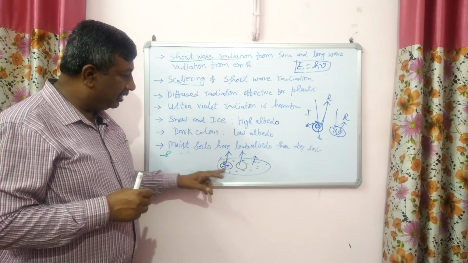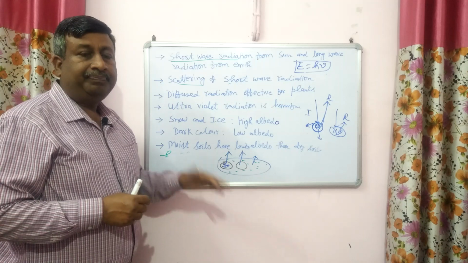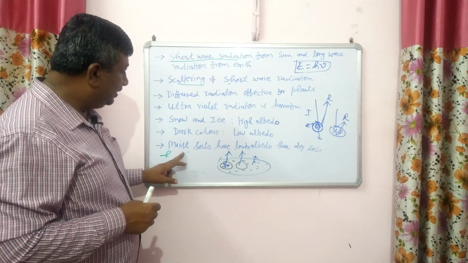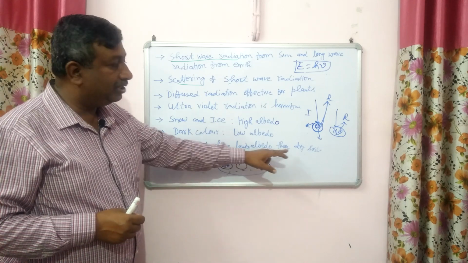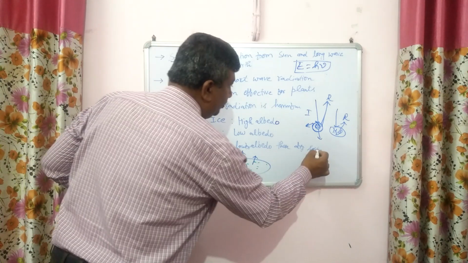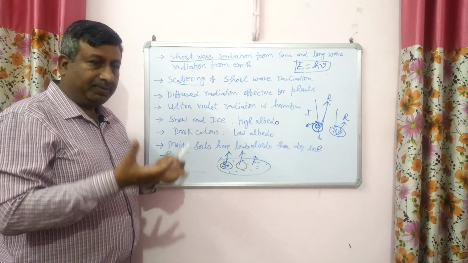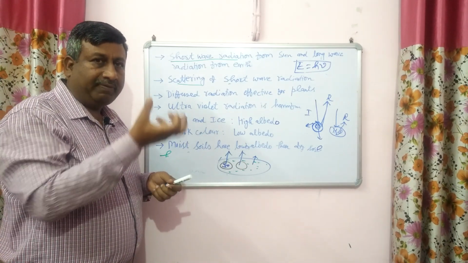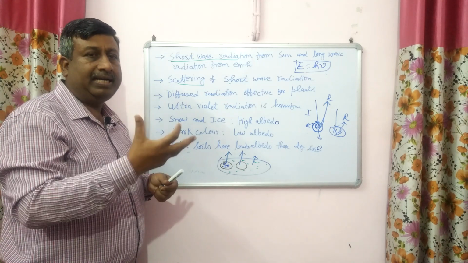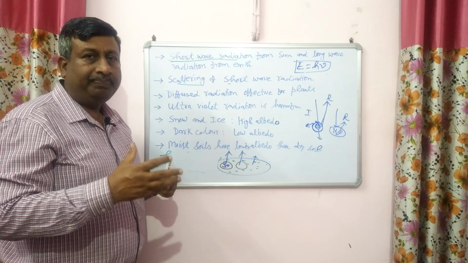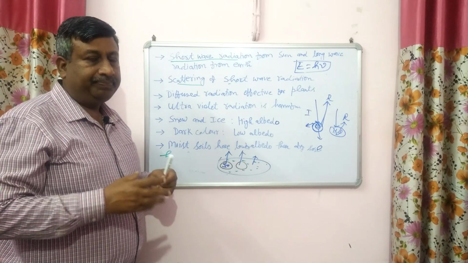But if there are oceans and rivers, then reflection will be less. This is the reason that moist soil has lower albedo than dry soil. If soil is moist or irrigated, the water content is more, so this water will absorb more radiation and reflection will be less. So moist soil has less albedo than dry soil.